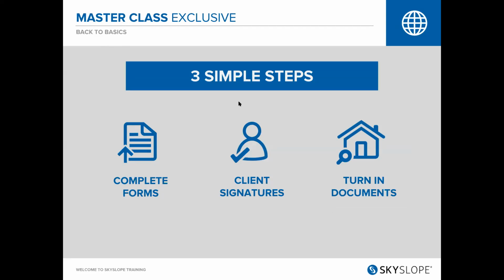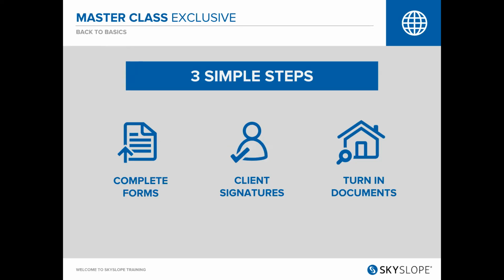What we're going to be talking about in this masterclass exclusive is really just 3 simple steps that bring us back to the basics in SkySlope. We'll be working through a scenario of me working as an agent on a brand new listing, and we'll be completing these 3 simple steps. We'll talk about how you can complete your forms in SkySlope using the ZipForm integration.